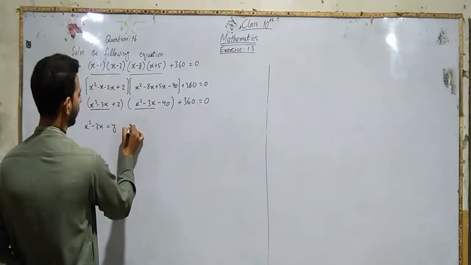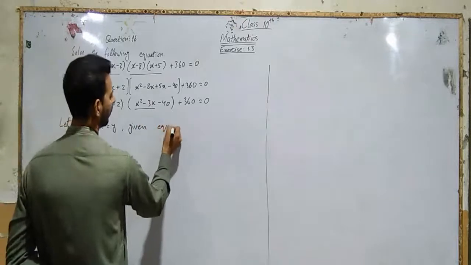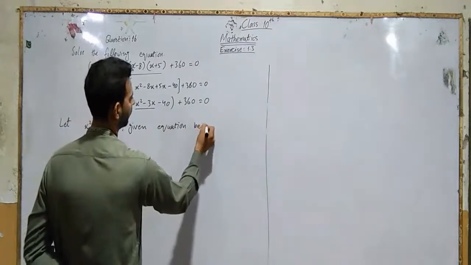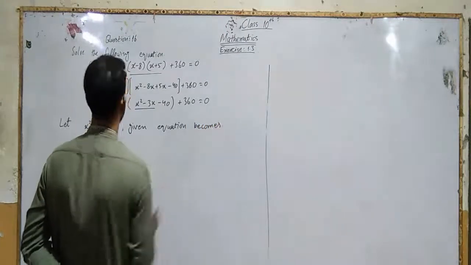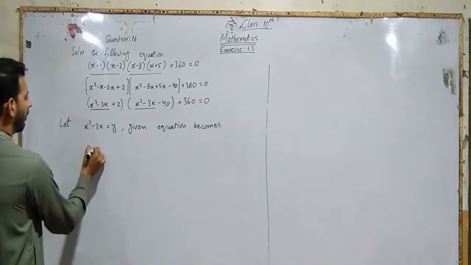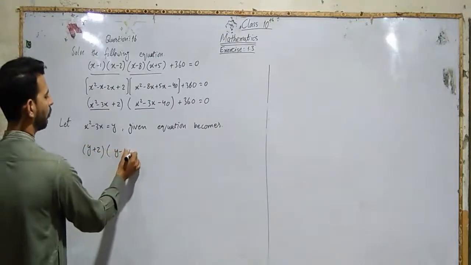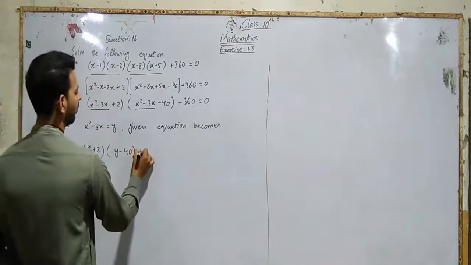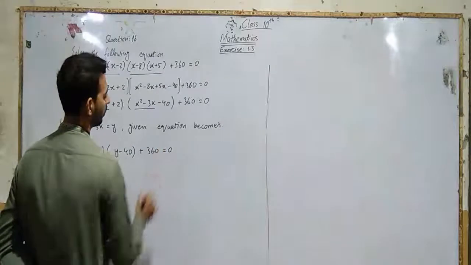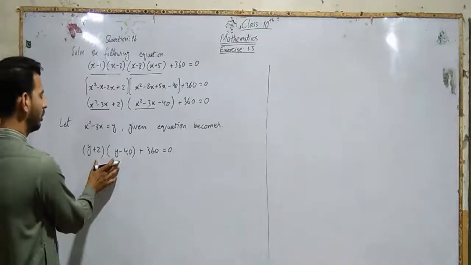Then the given equation becomes (y + 2)(y - 40) + 360 = 0. Students, now we will multiply these two values first.